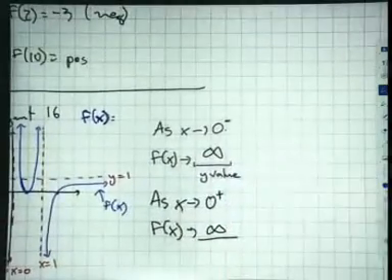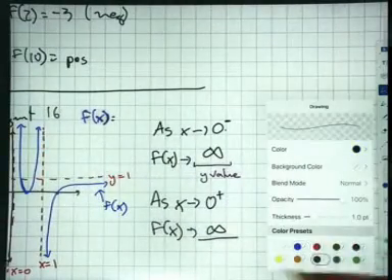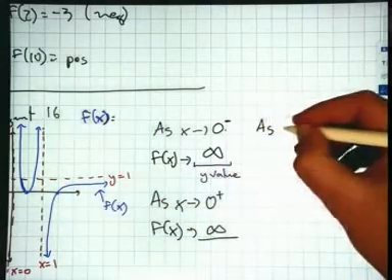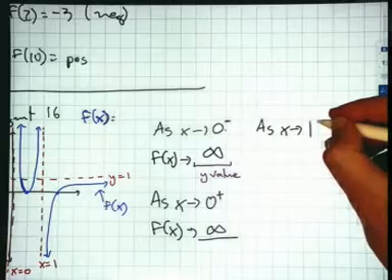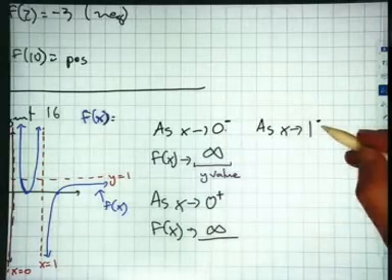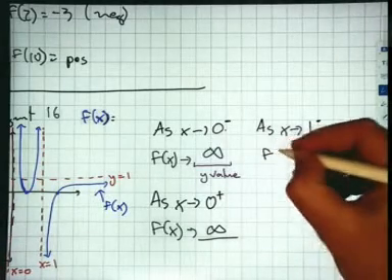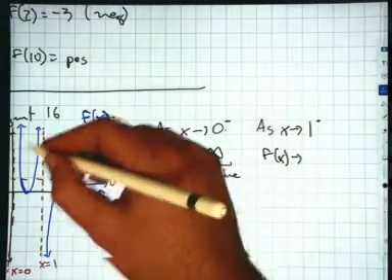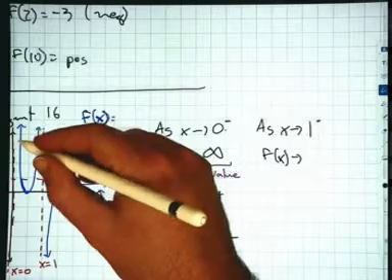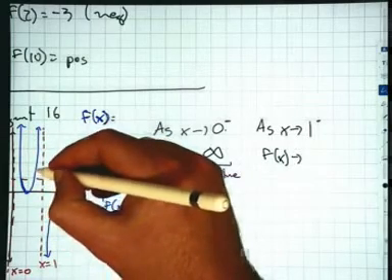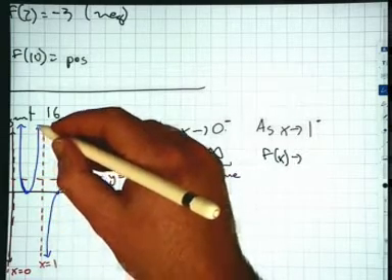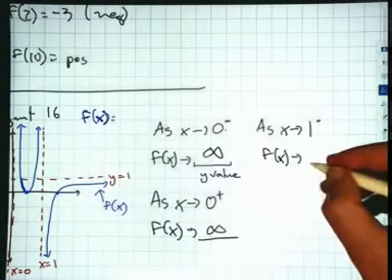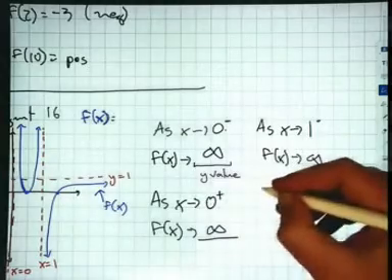But if you go to the next vertical asymptote here at 1, as x is approaching 1, what does the minus sign mean? From the left, f of x is approaching, so you're on the left side of 1, you're tracing the function, so it went down, now it's going up, it's going to go up indefinitely as you get closer to 1, so f of x is approaching infinity.